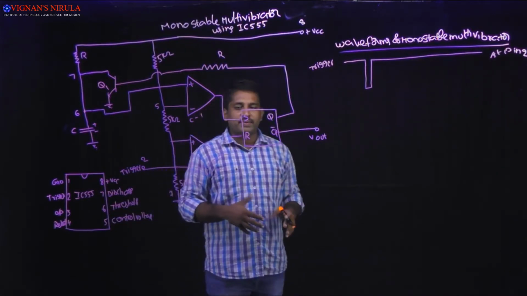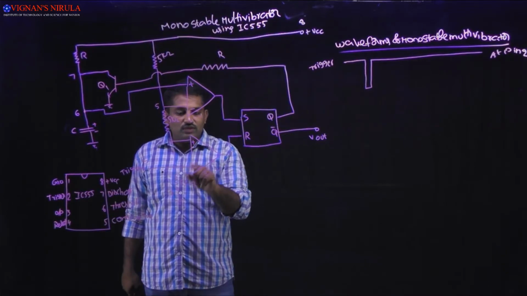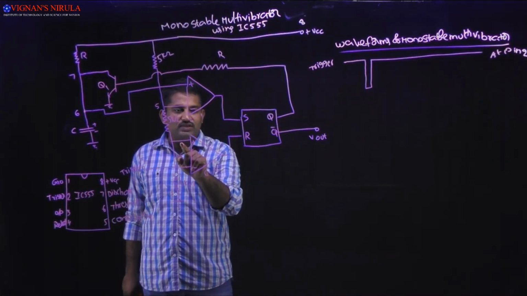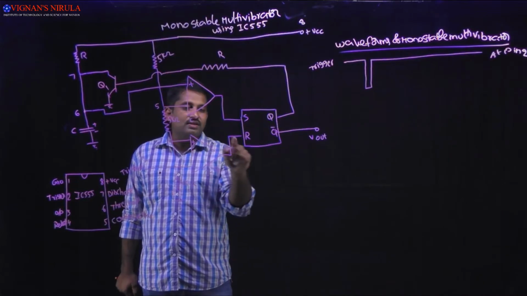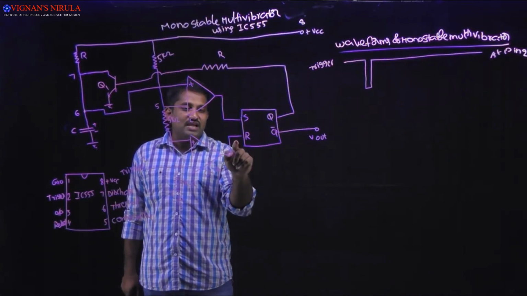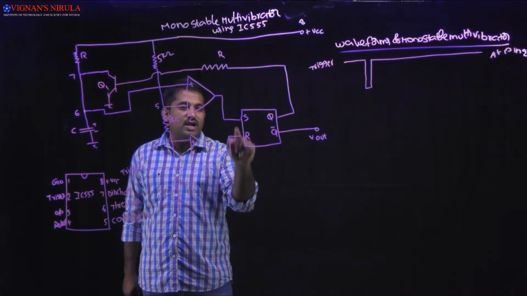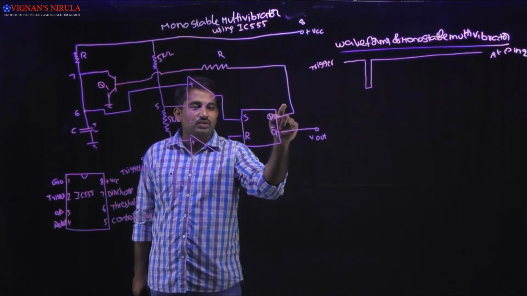Now what happens? If this voltage, 1 by 3 VCC, at the non-inverting input terminal of comparator 1 is greater than this trigger voltage, then immediately plus Vsat will be generated and we treat it as 1. R is equal to 1, and if S is equal to 0, immediately Q will be equal to 0.